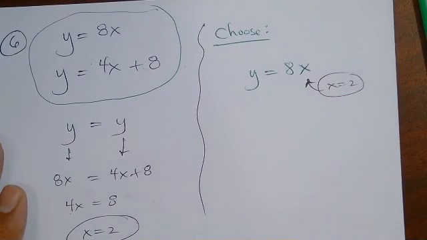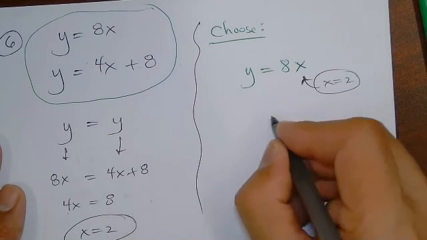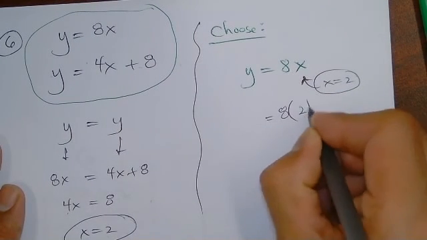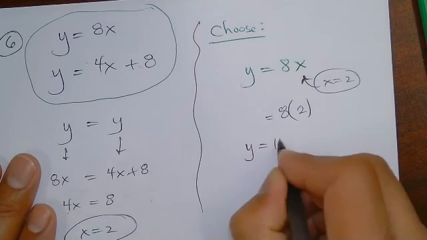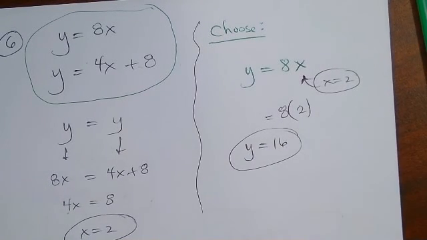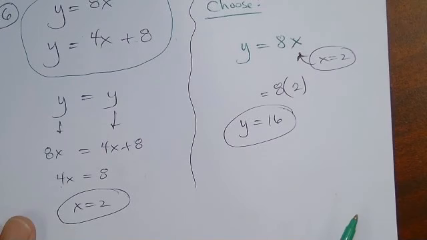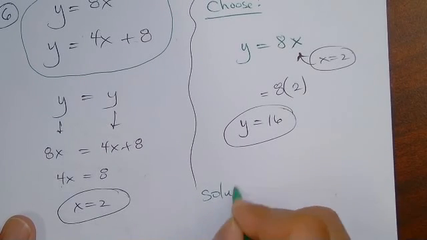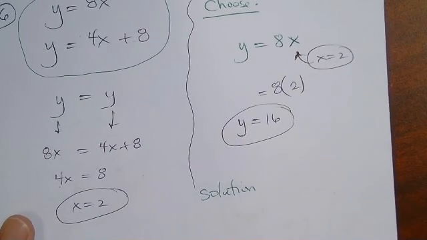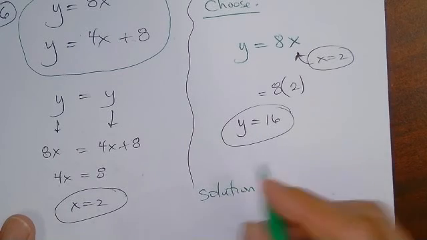And I found out what x is. If x is equal to 2, then that means y is equal to 8 times the value of x, which is 2. 8 times 2, oh, y is equal to 16. And I have my x coordinate, I have my y coordinate, write a solution.